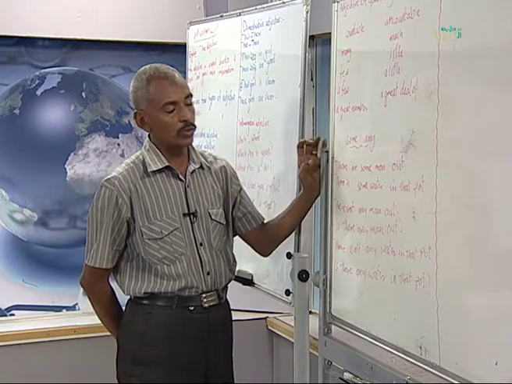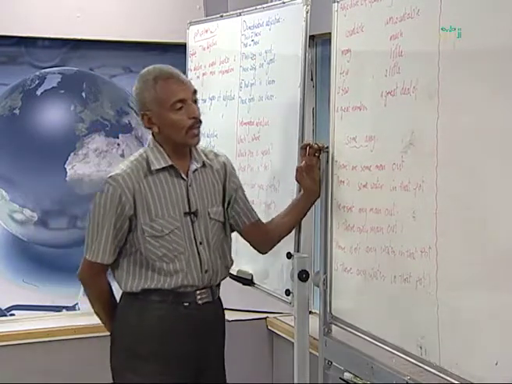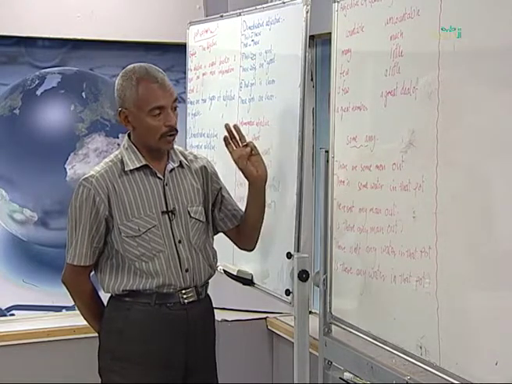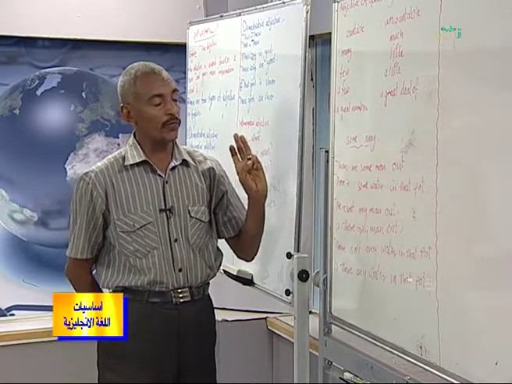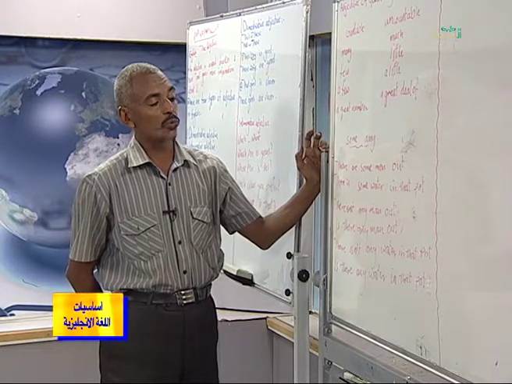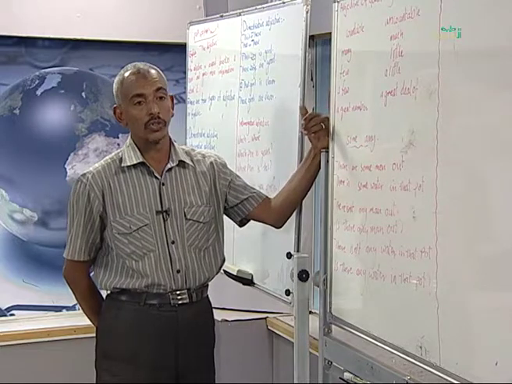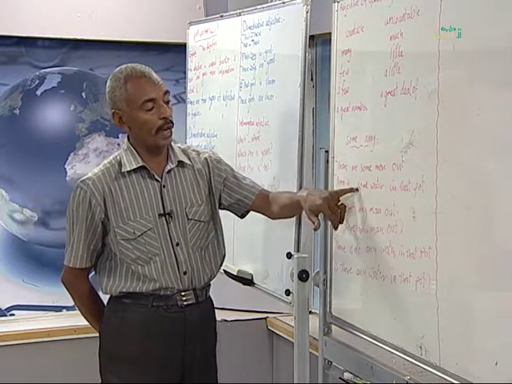And this is the most important thing. You have to know how to use an adjective, and you have to remember the adjective precedes the noun, which it is going to describe or give more information about.